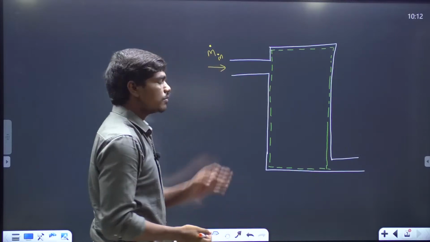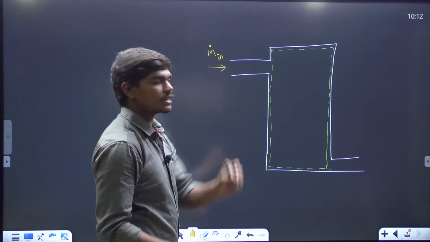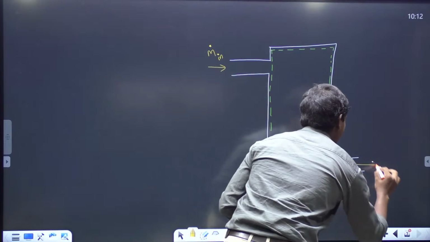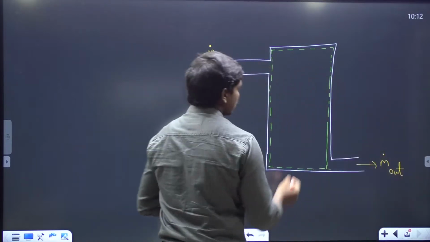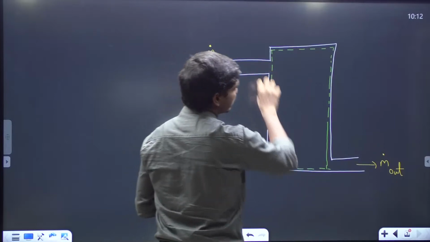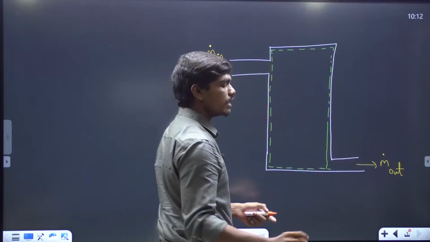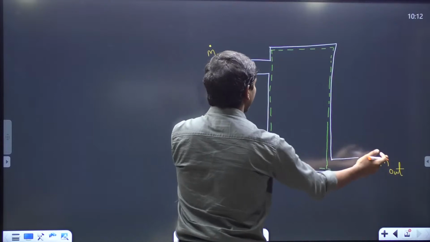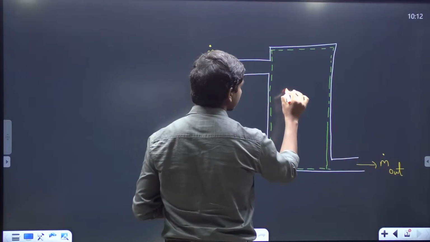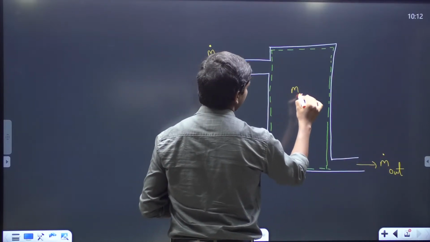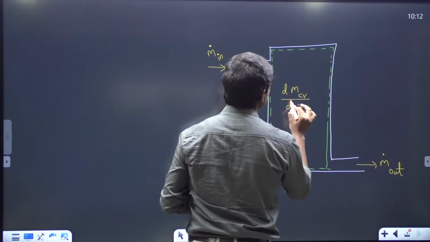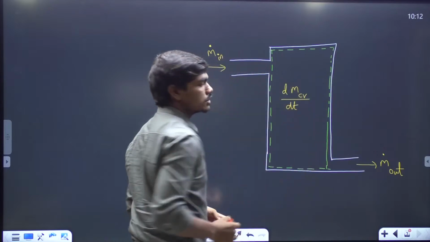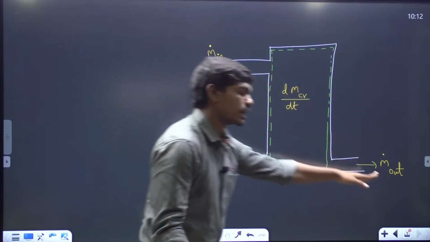M dot in means the quantity of mass that is flowing per unit time. Similarly, let us suppose this is M dot out. Now if some mass is going in and some mass is coming out in a given time, and these two are not equal, then definitely some mass will get stored inside this, correct? Let us suppose this is the mass of the control volume, and d by dt means the rate at which the mass of the control volume will change if these two are not equal, correct?